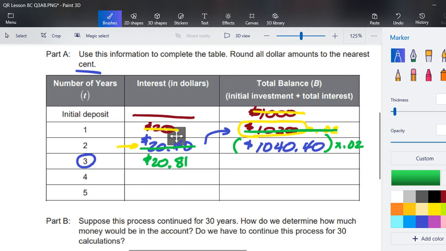So $20.81 I'm going to add to what I had the last year, $1,040.40, and I get a new balance of $1,061.21. This process continues, that if I'm looking for the interest for my 4th year, I don't care what I got in any of these prior moments except for what I got as a balance in year 3.